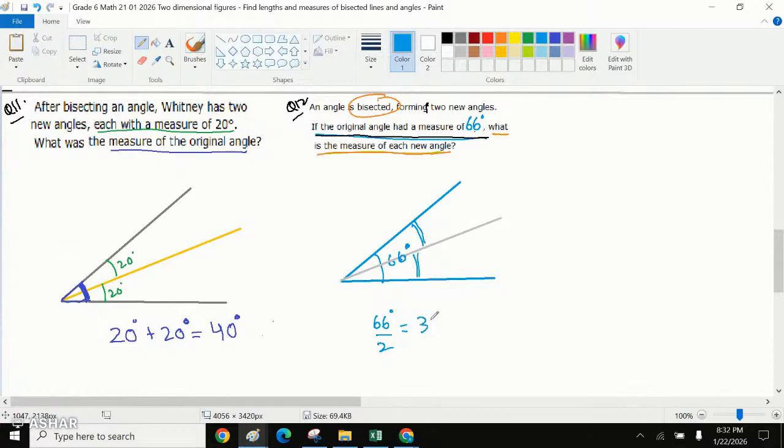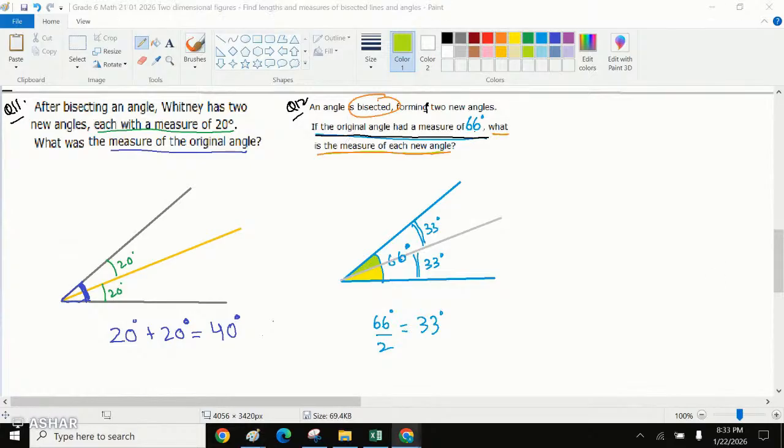Yes, it would be 33 degrees. Each smaller angle would come out to be 33 degrees. We can say this angle and this angle are both 33 each. Okay, thank you.